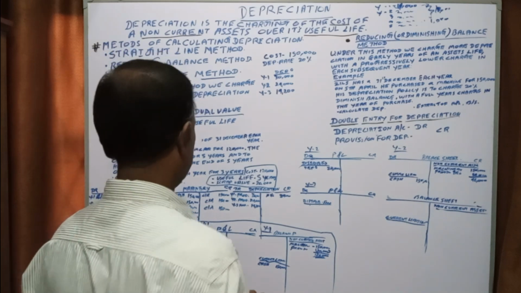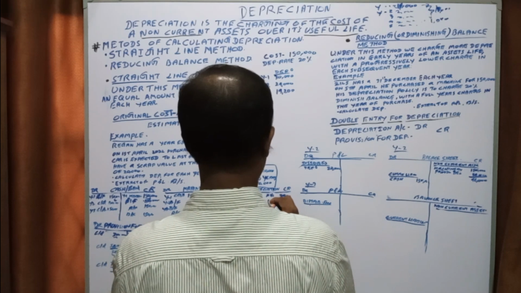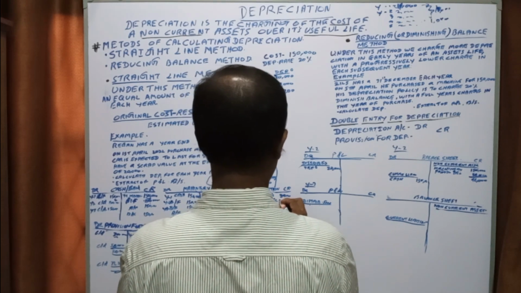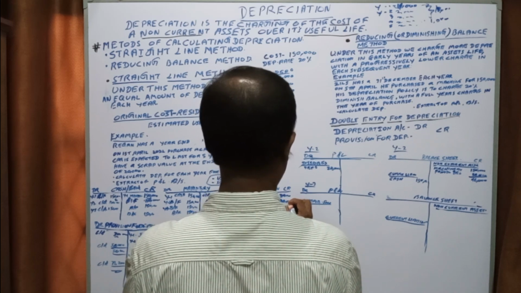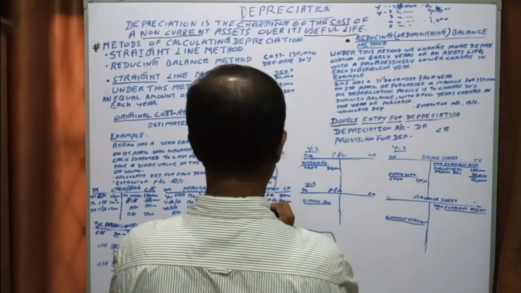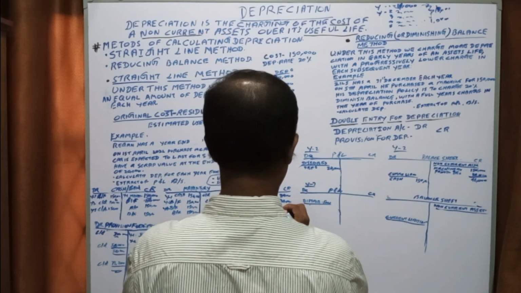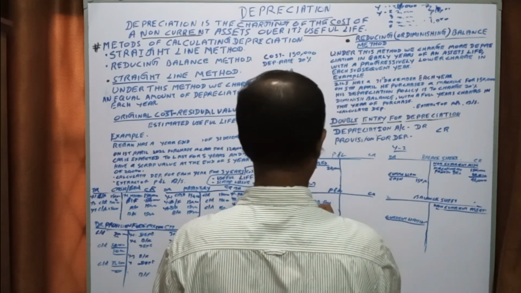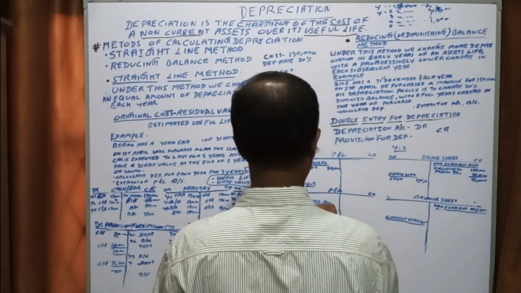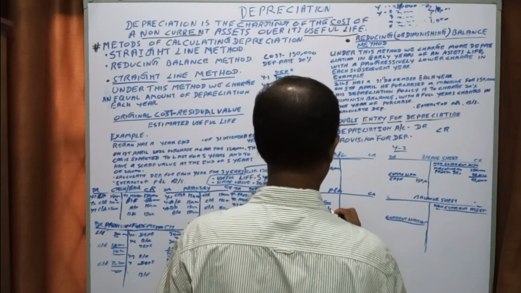Okay. Here P&L 24,000. Here P&L 19,200. Depreciation 19,200.